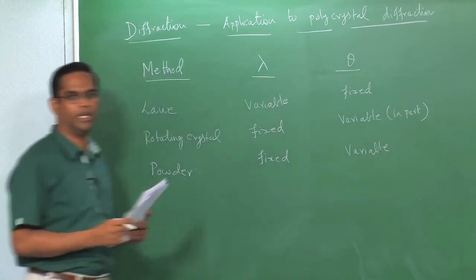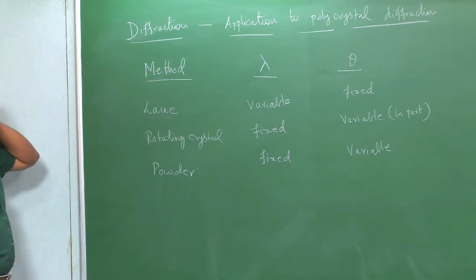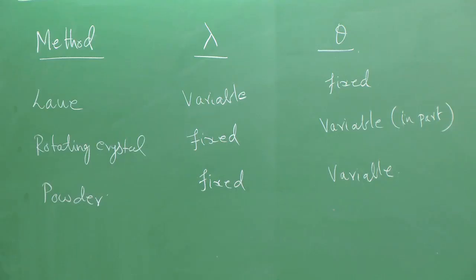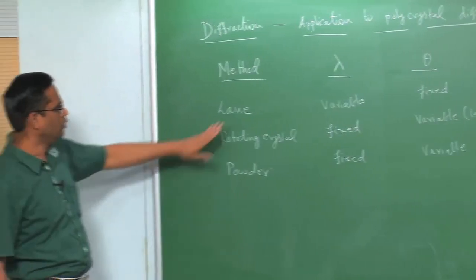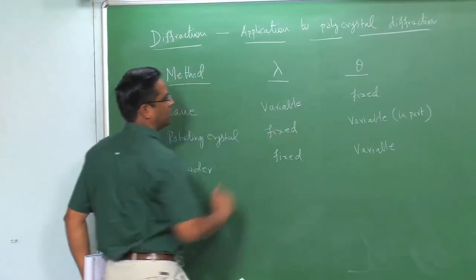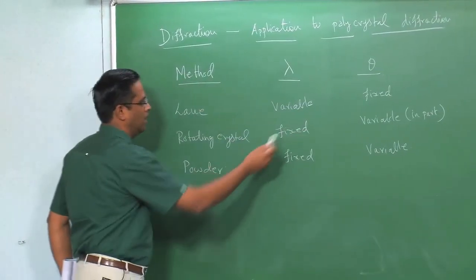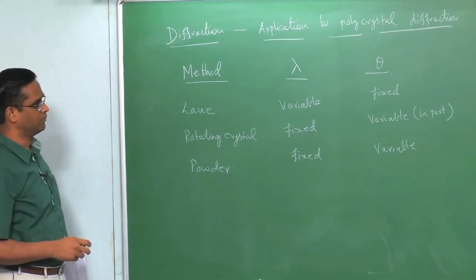These are the methods by which you measure the X-ray diffraction intensity for a polycrystalline material. So, we will look at the importance of variable lambda and fixed theta, or fixed lambda and variable theta, when we do the laboratory demonstration.